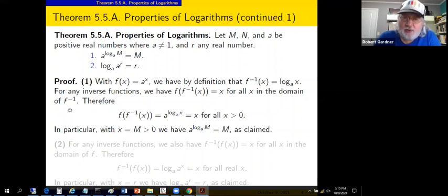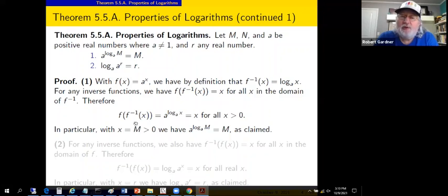We dealt with that when we introduced inverse functions earlier in this chapter. So in this case, f of f inverse of x, okay, let's see, f inverse is the log function, log base a of x. We will put that inside the exponential function. So we'll get a to the f inverse of x, a to the log base a of x power.